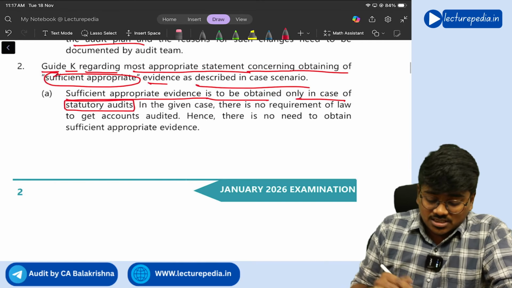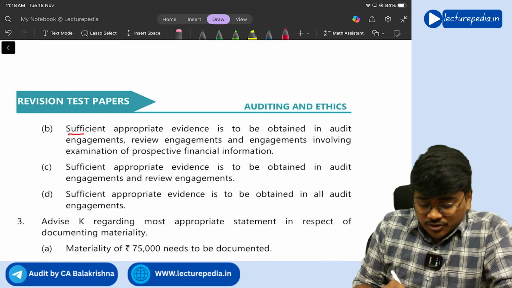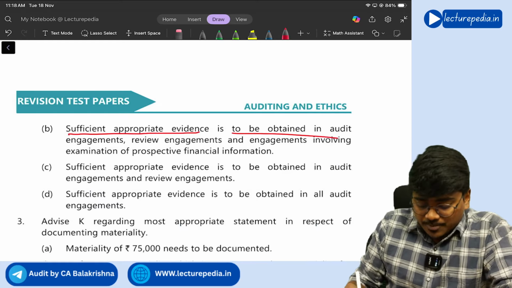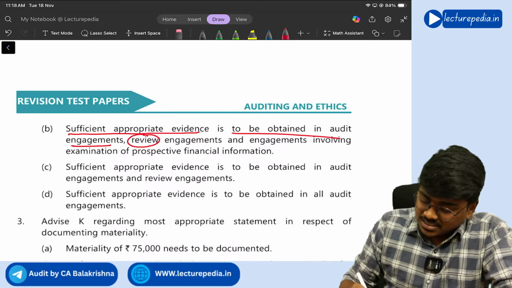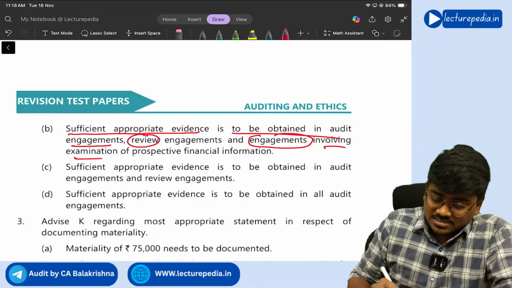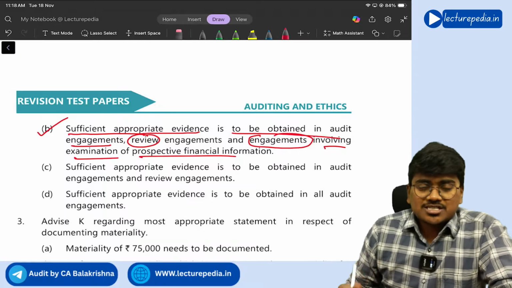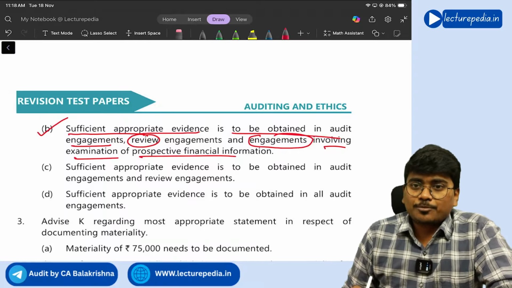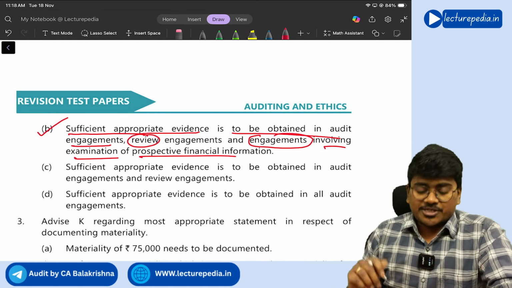For all these things it is required. So option A is not correct. Option B, sufficient appropriate audit evidence is to be obtained in audit engagements, yes. In review engagement, yes. In engagements involving examination of prospective financial information, yes. In all these situations, you have to obtain sufficient appropriate audit evidence. So option B is the correct option.